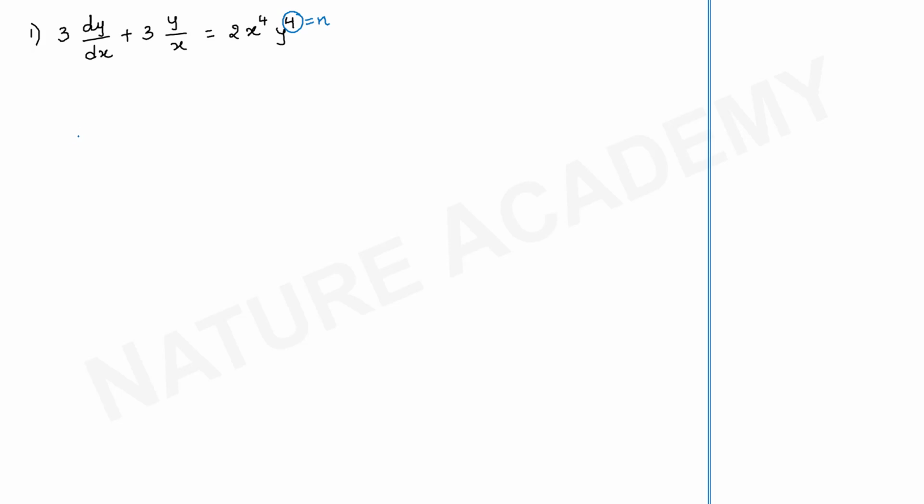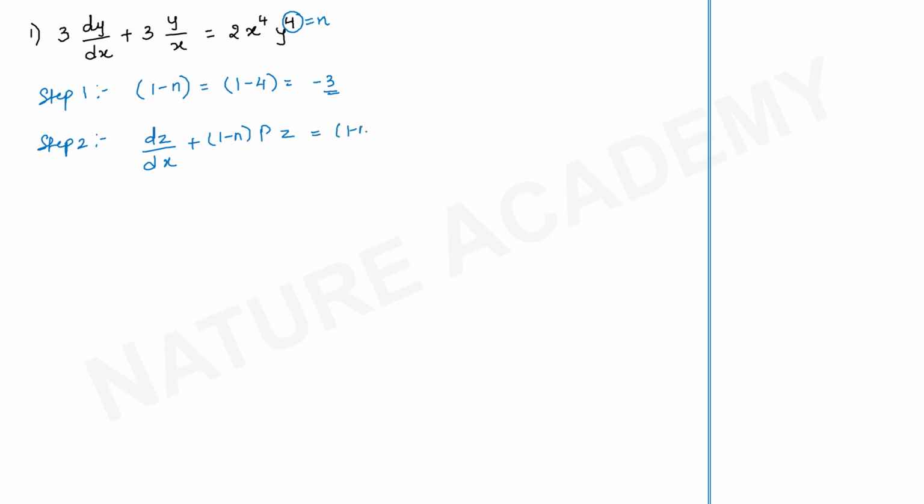So in the working rule, step 1 says to find 1 minus n. Here n is equal to 4. Therefore, our 1 minus n will be minus 3. Now step 2 is we have to write the given differential equation in the form which includes z: dz by dx plus 1 minus n into p into z is equal to 1 minus n into q.